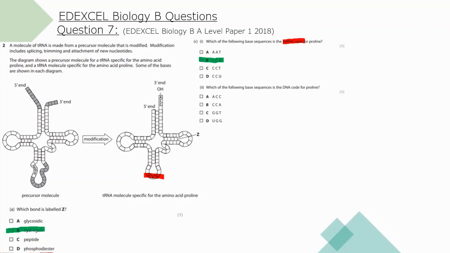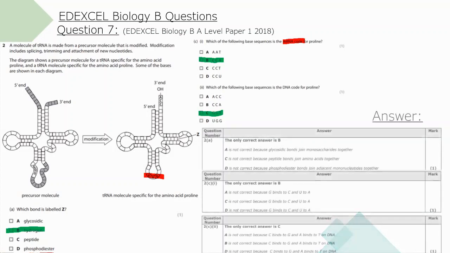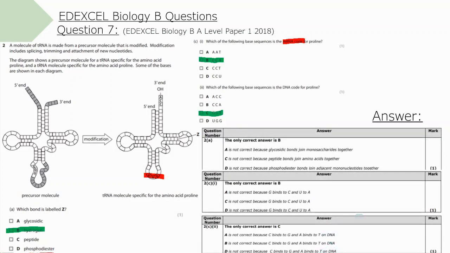However, this question requires that you basically provide the template strand code, so the complementary base pairings to CCA. So the answer is actually C, GGT, as C complementary base pairs with G and A complementary base pairs with T. But I don't particularly like that question, as I think it's a bit off-putting, but hopefully that won't come up again soon. So these are our answers.